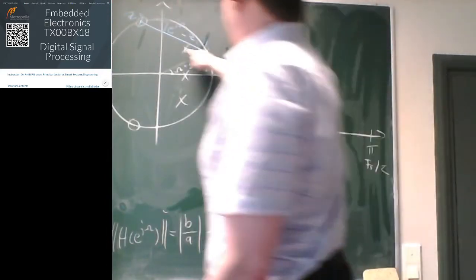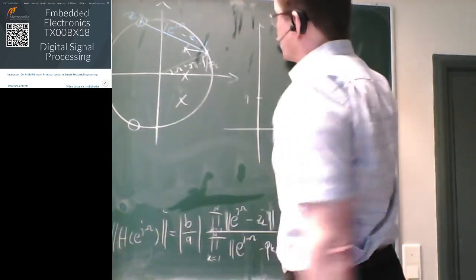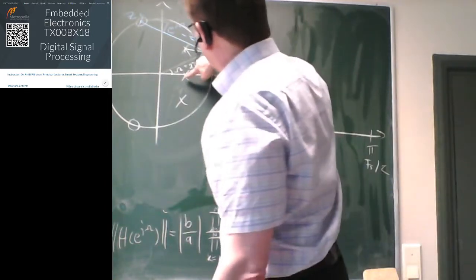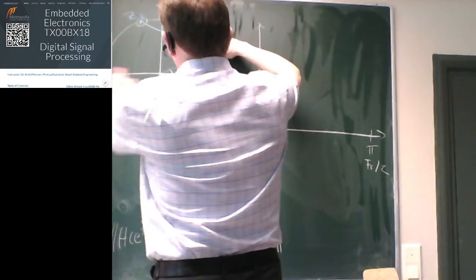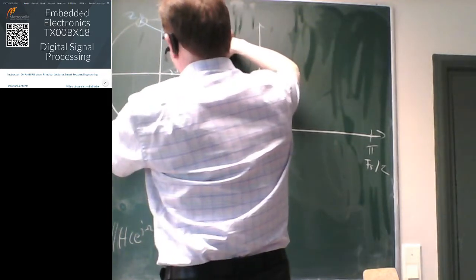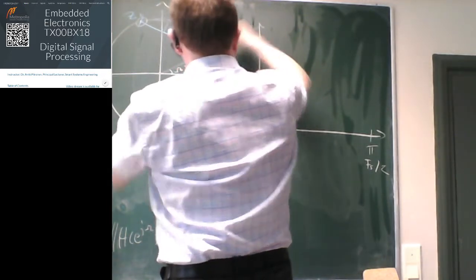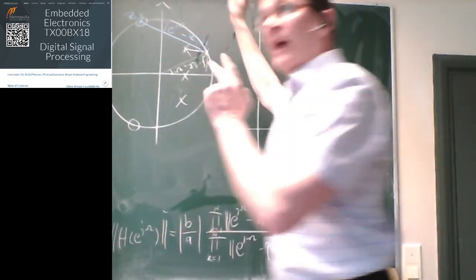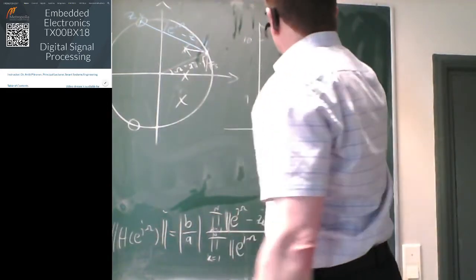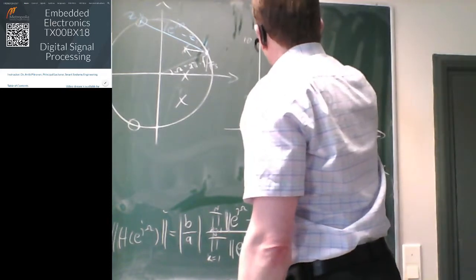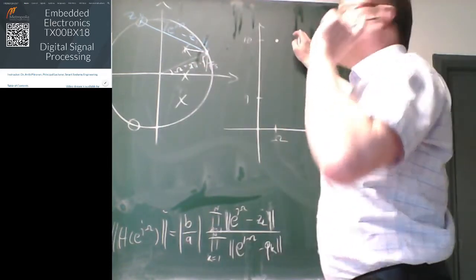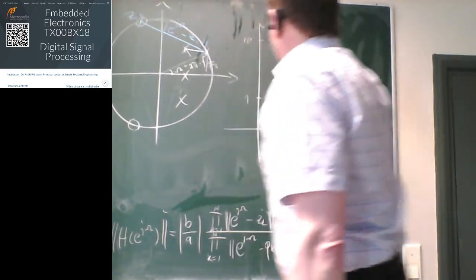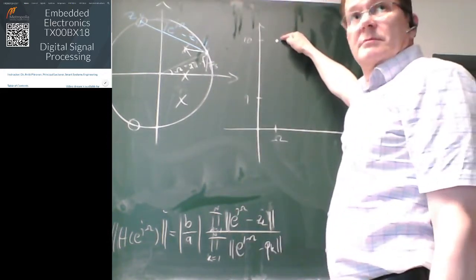This distance is basically 3 times longer than that one. So the ratio is about 3. On the other hand, we have this distance divided by that, and this distance divided by that. So that ends up being something like 10 in this case. So our amplitude response at this frequency is somewhere around 10.